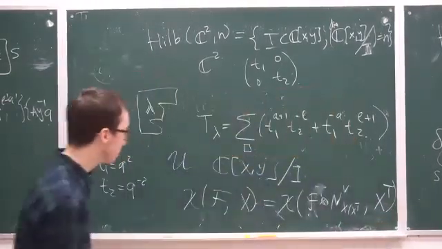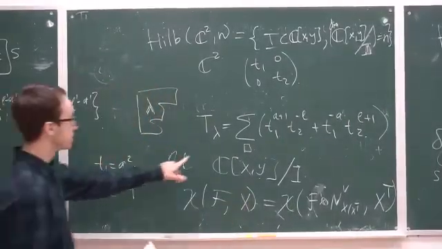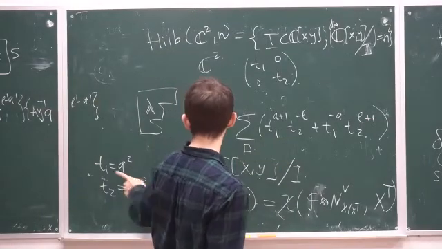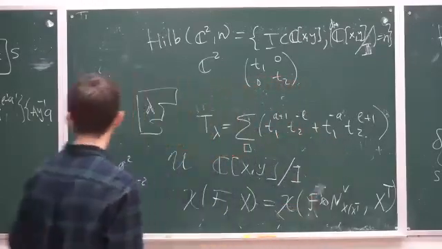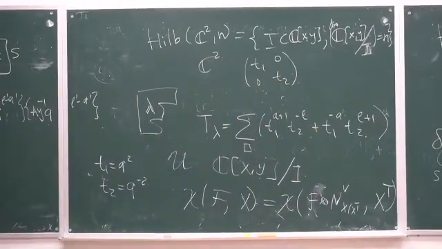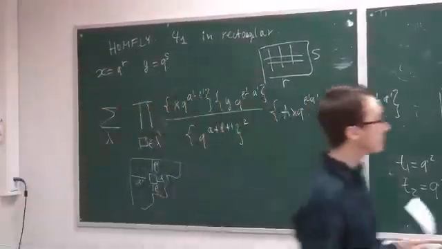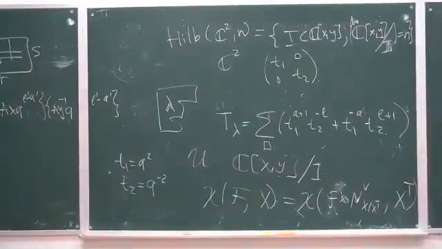So we have summation over fixed points, and the tangent space of the fixed point, if T1 and T2 are Q squared and Q minus 2, these terms are the same, and we have it in the denominator, as it should be. And it is the Euler characteristic of the following sheaf.